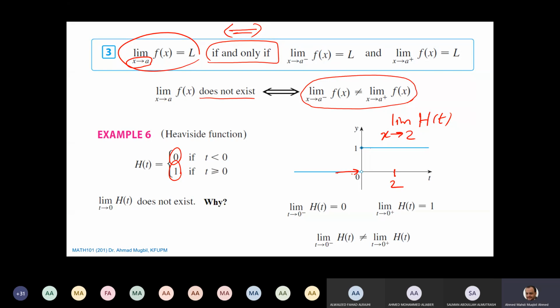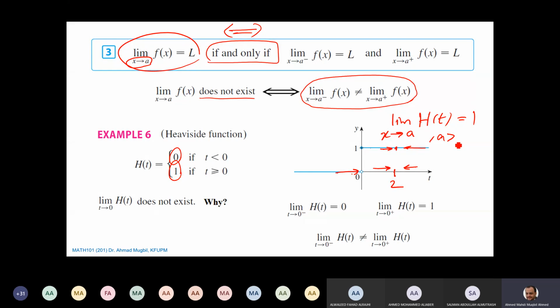What is the limit of the Heaviside function when x approaches 2, from the right or from the left? It is 1. Or 3, the same. It will be 1, because from the right or from the left, it is the same limit. Also, when you put 3, it will be 1. So for any a, when x approaches a, for any a greater than 0, the limit is 1.